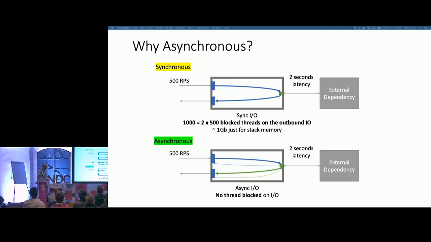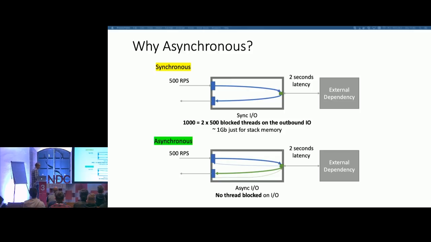And I have 500 requests per second coming in, and I need to use an external dependency that has a 2 seconds latency. That means that on average, I will have 1,000 threads blocking on I/O. 1,000 threads means 1 gigabyte just for memory.